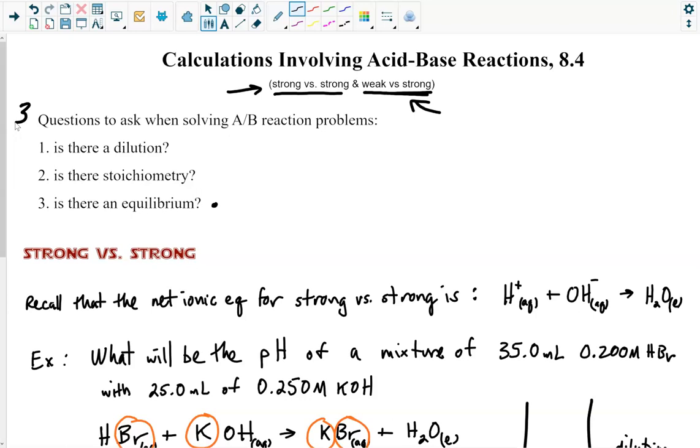So the number of moles that were in there initially will now be in a greater volume. So you always have to ask yourself, is there a dilution? And if there is, you calculate the concentrations after the two solutions are added and the dilution has occurred.